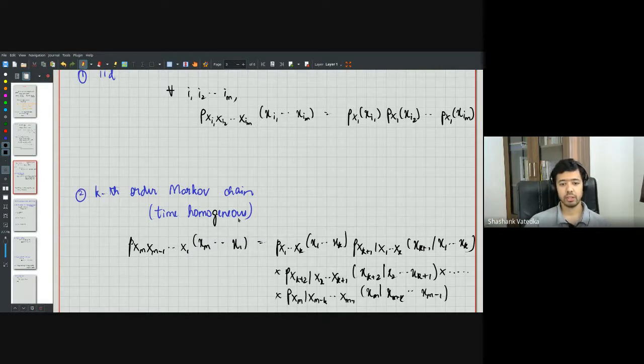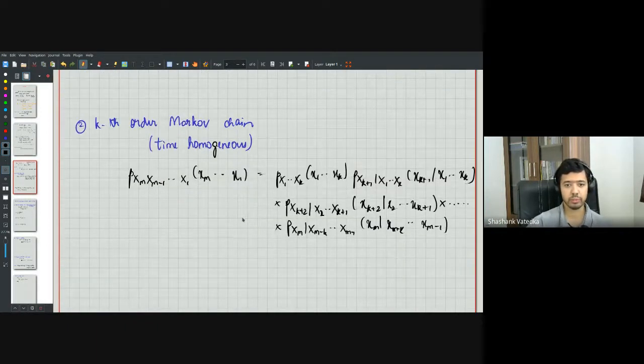And similarly, the simplest form of dependence is captured by a Markov chain. So in other words, in the sequence, every random variable depends only on the k previous random variables, and given the k previous random variables, it is independent of everything else.